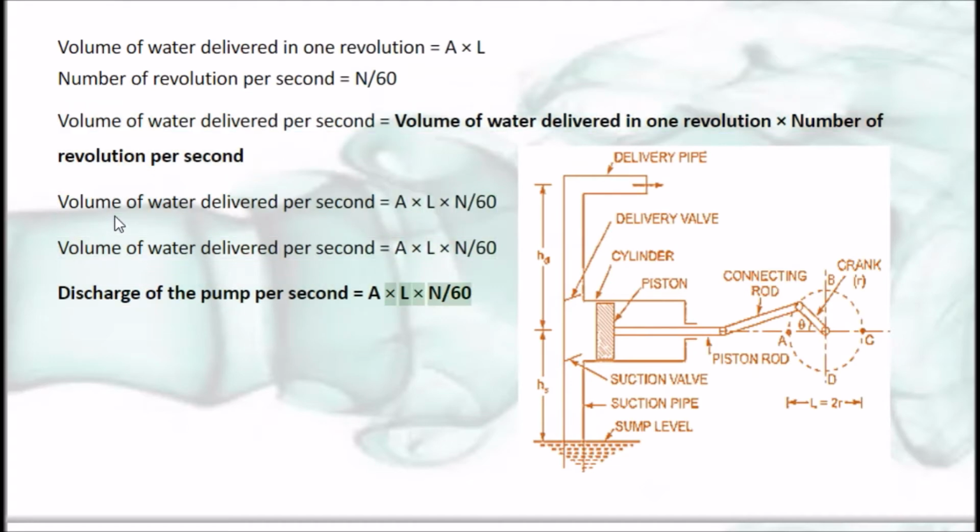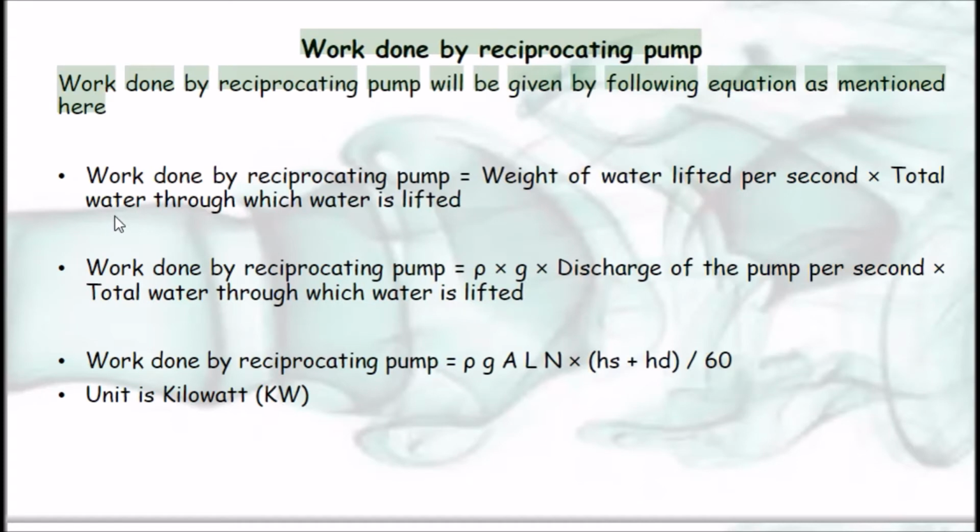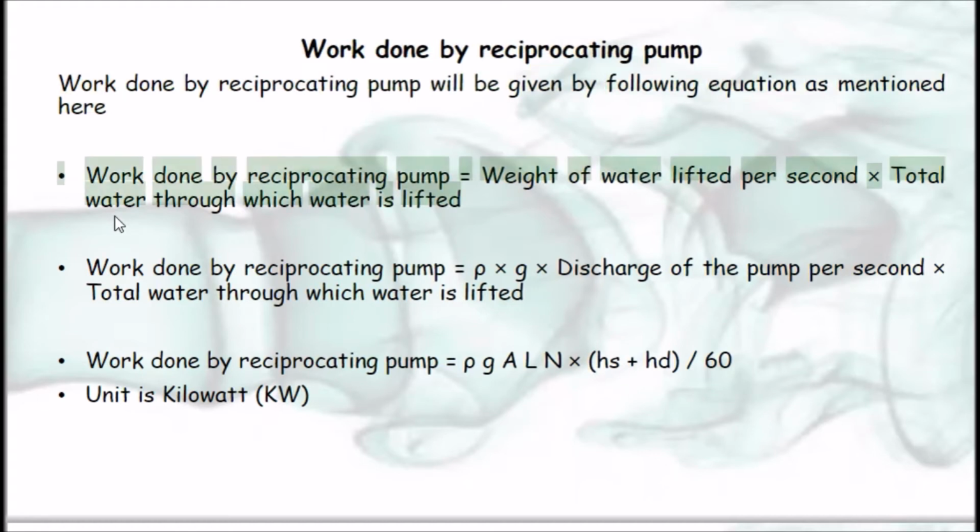times L times N/60. Work done by reciprocating pump. Work done by the reciprocating pump will be given by the following equation. Work done by reciprocating pump equals weight of water lifted per second times total height through which water is lifted.